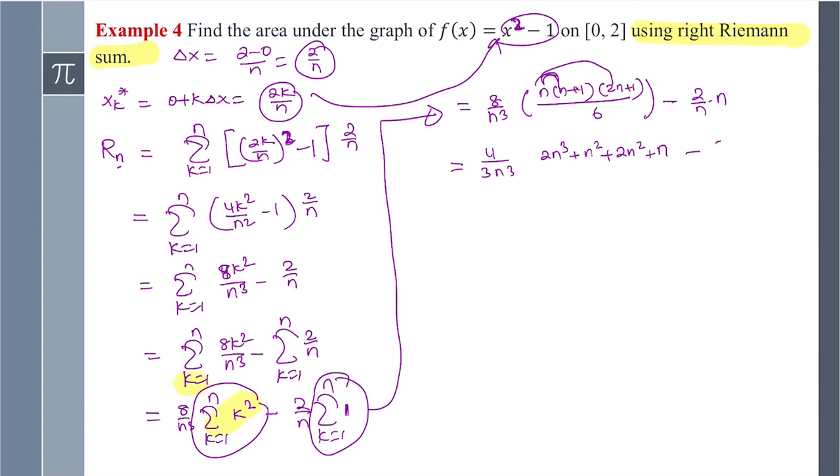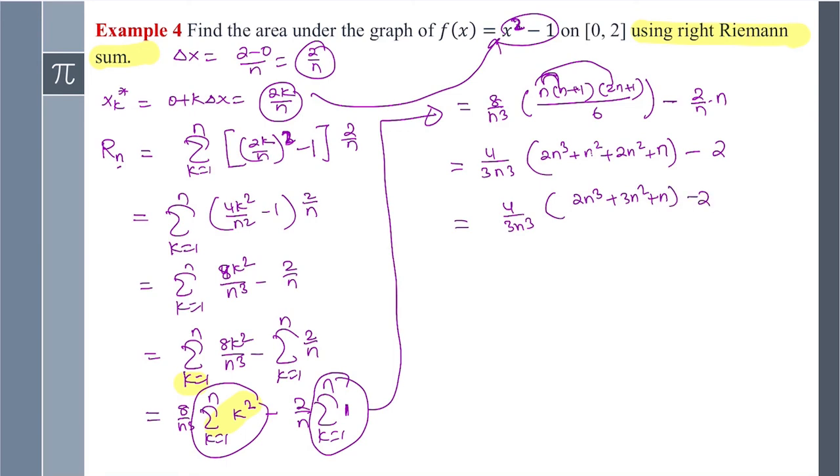And then we have minus 2. So 4 over 3n cubed, and then if we combine this, we get 2n cubed plus 3n squared plus n, minus 2.